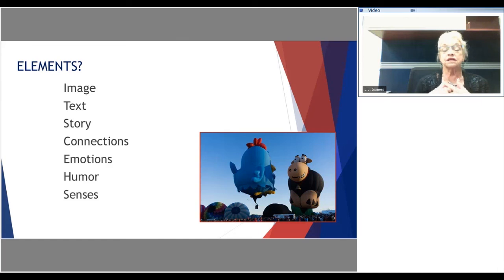The text, we saw different types of text on the different ones, and with each one of them, the actual words plus the font is part of it. It gives you part of that message.